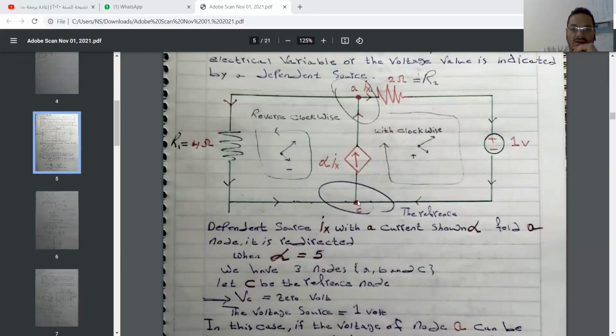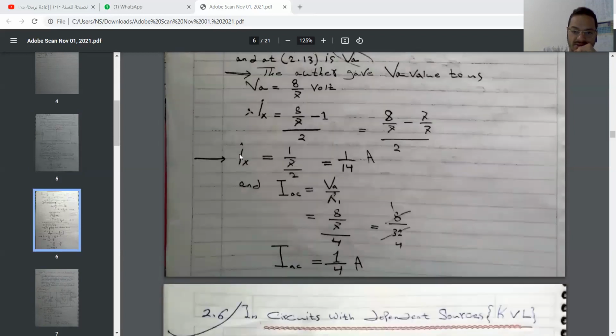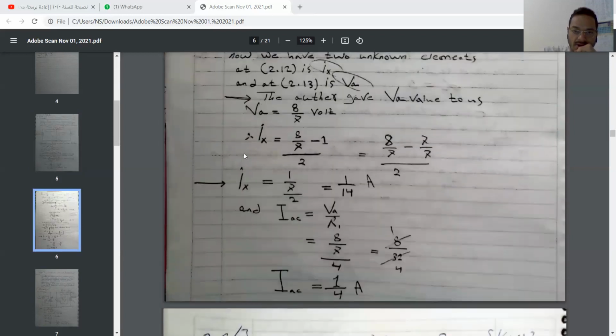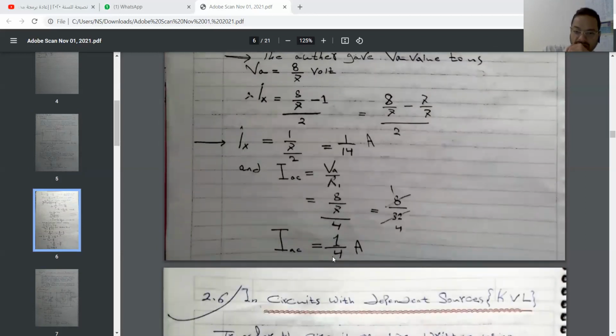It work from the side at the loop number 1. The loop number 1 reverse clockwise. R1 equal 4 ohm. Like that, yes, that's right. Divided on 4. VA, 8 divided on 7, divided on R1, 4 ohm equal 1 divided on 4 ampere.